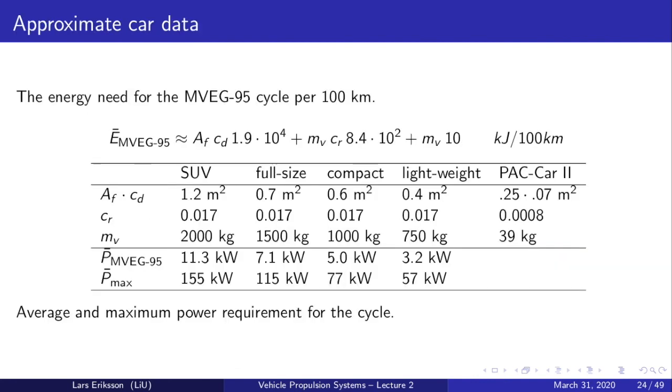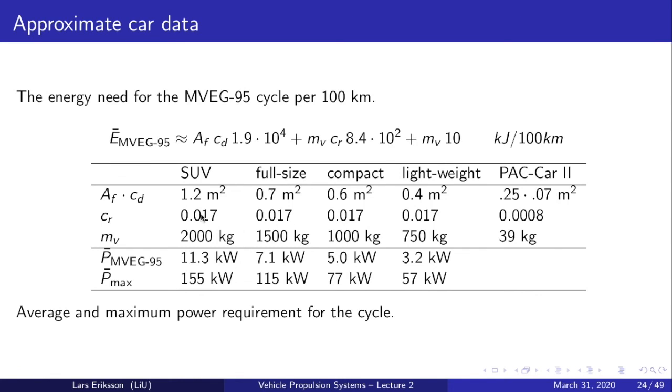If we look at approximate car data, just to give you numbers that you can work with and do hand calculations. So this equation is ready for doing hand calculations, and you can insert if we have an SUV, if it's a full-size vehicle, if it's a compact, or if it's a lightweight vehicle, or the specific car for the Shell Eco Marathon that I showed in the first lecture.